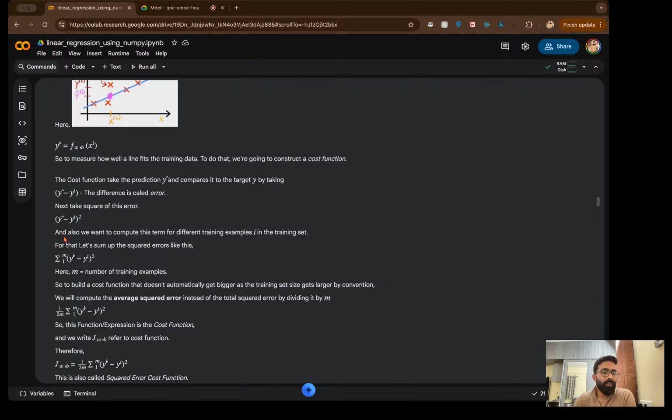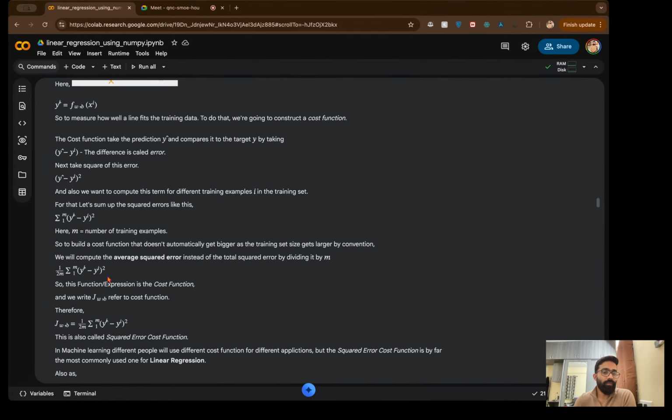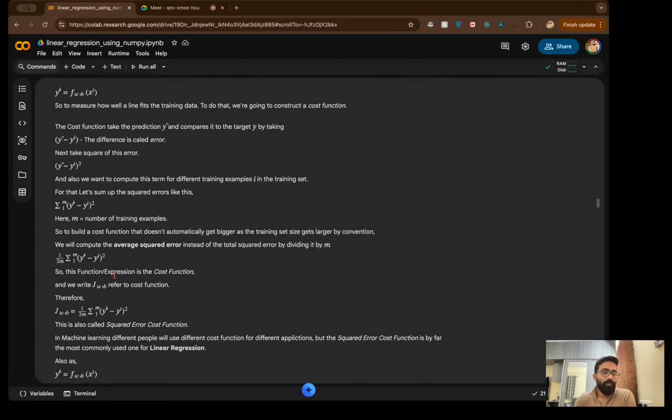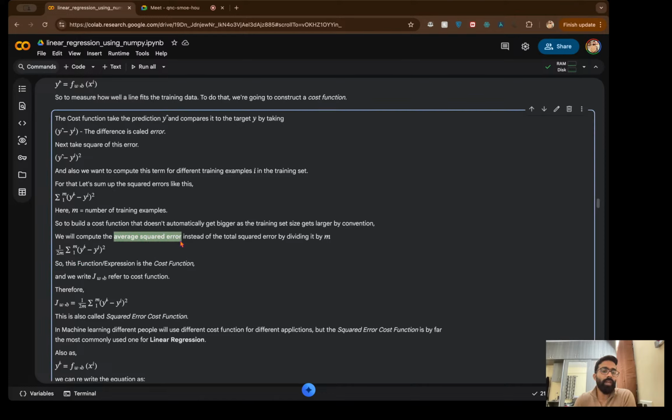What we'll do is square the difference between the predicted value and the actual value, and sum it up. And after that we'll take the average of it, that is, we'll divide it by m, or 1 by 2m. This is what we'll call the average squared error.